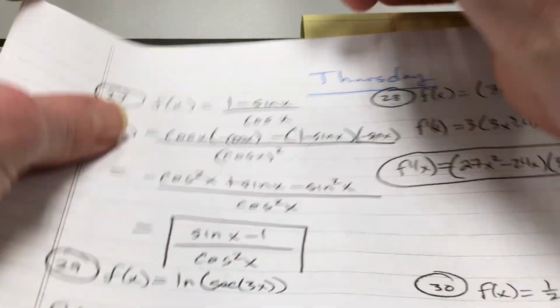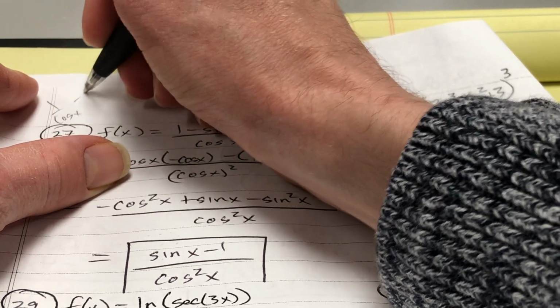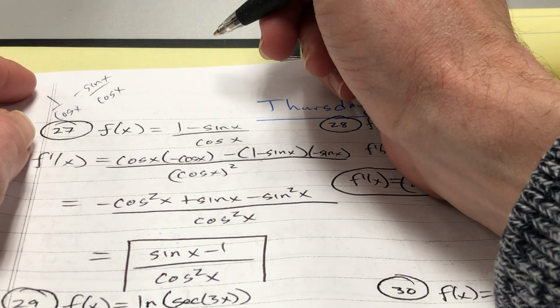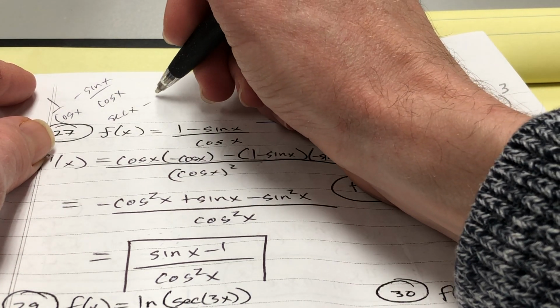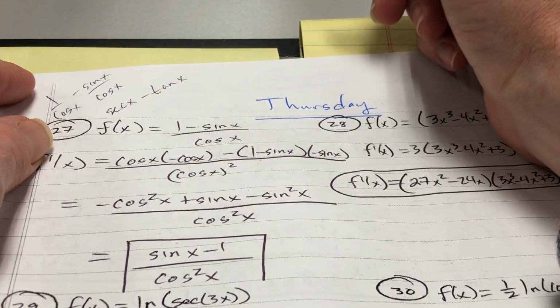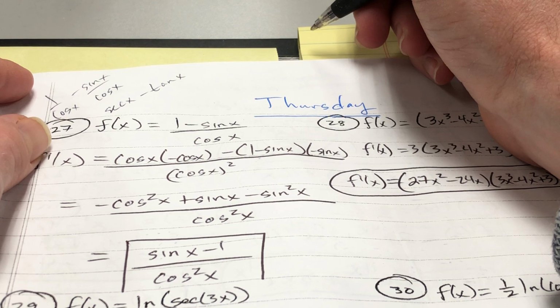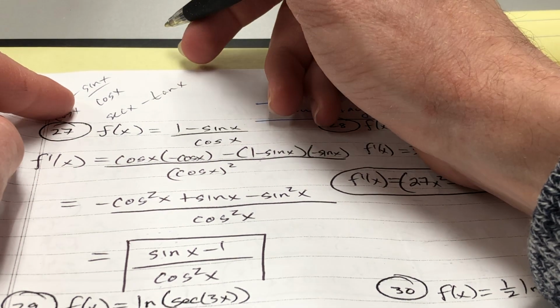This is actually pretty interesting. You could split this up as 1 over cosine minus sine over cosine. 1 over cosine is secant, minus tangent. That is what that function can be simplified to.